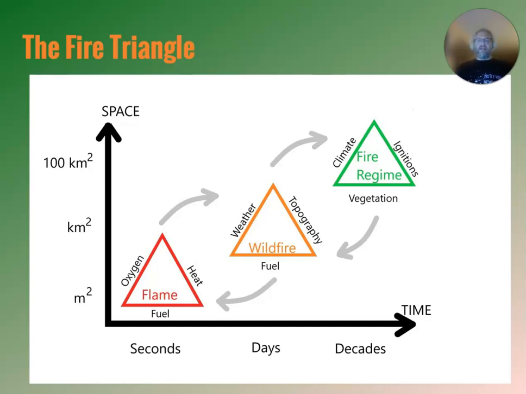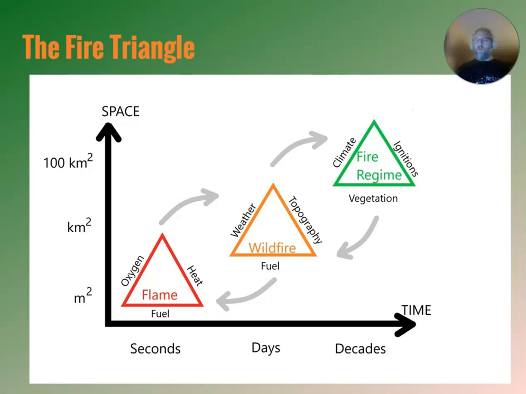So in this case, fuel is still an important part. What kind of fuels are on your landscape will shape how your fire burns. So here we're looking not so much at, do we have another log in the fire? We're looking at the overall characteristics of the ecosystems that this fire is moving through. We're looking at things like what species of plants are growing here, because some species burn more easily than others.